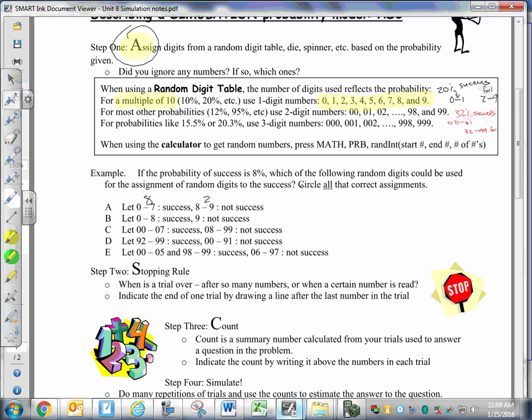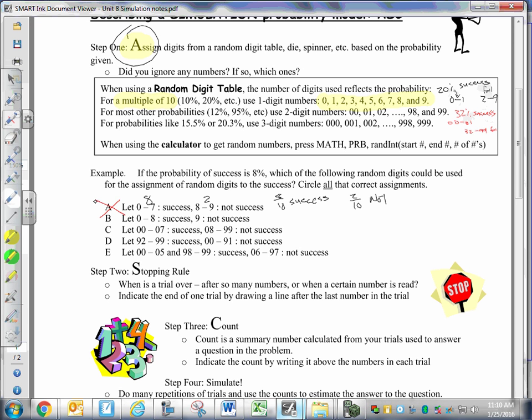Well, that means success would be 8 out of 10. And not success would be 2 out of 10. Would that represent an 8% probability? Would we use this for an 8% probability? No, because this is an 80% probability. So I would say, no, don't use this.